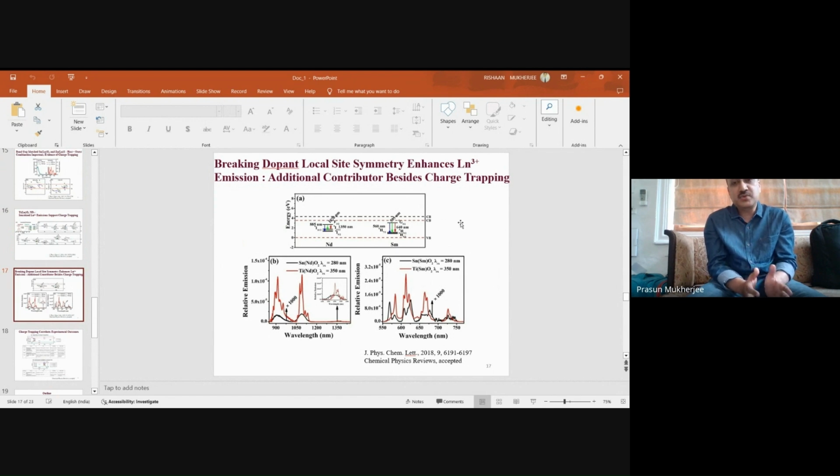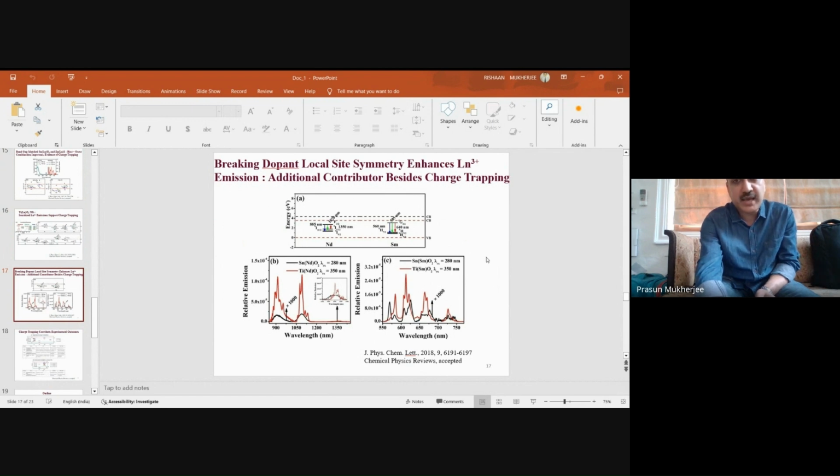Now, with respect to the charge trapping model, one would expect that SnO2 will be more efficient compared to TiO2 in sensitizing, say, samarium emission or neodymium emission. Experimentally, however, the opposite has been observed, that TiO2 is more efficient compared to the corresponding SnO2 based nanoparticle.